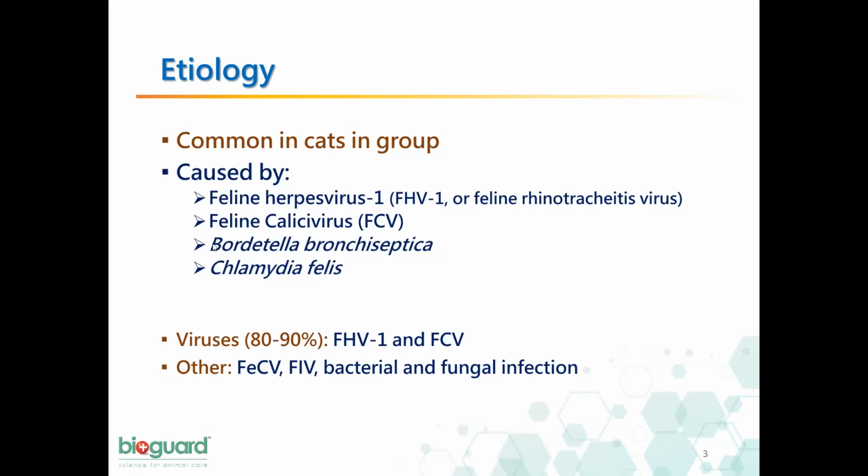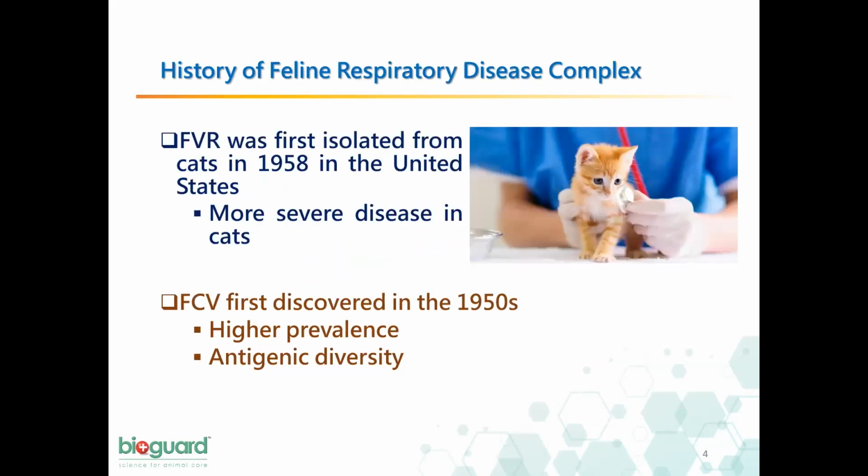There are some other pathogens such as Bordetella bronchiseptica and C. felis, which also participate in feline respiratory disease infection. So let's talk more about feline herpes virus and feline calicivirus.